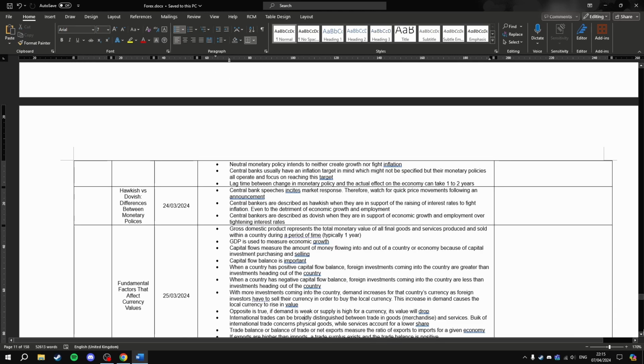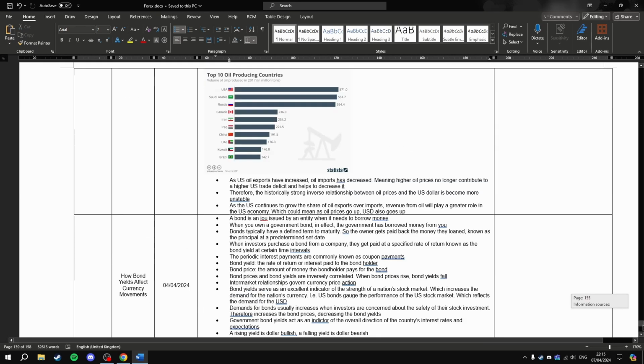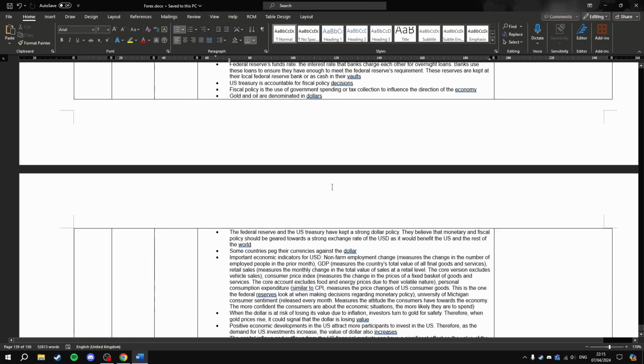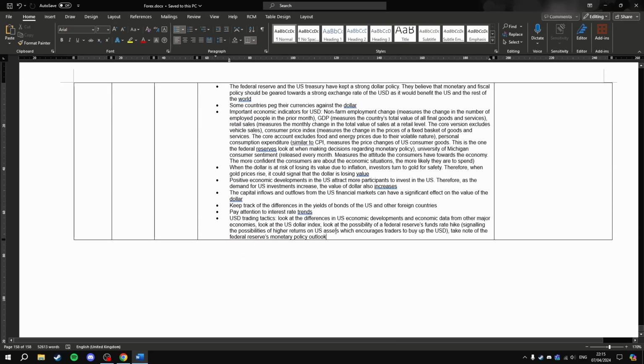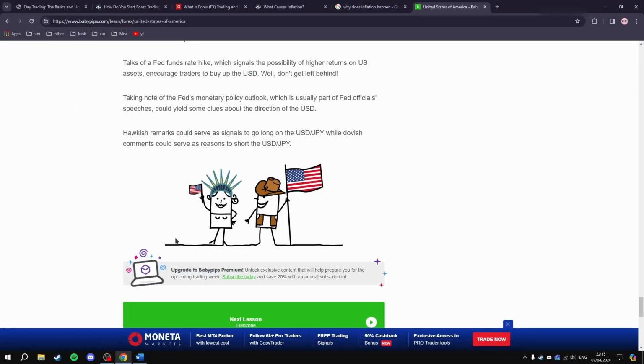So they're going to be buying up USD like crazy, therefore increasing the demand for the USD, which increases its value. Therefore, you should start buying USD, which is the reason to go long. Whereas dovish means decreasing interest rates, which means foreign investors are probably going to leave USD to buy something else with higher interest rates, therefore decreasing the demand and reducing the value of the USD, so shorting it is the way to go. Boom, I see.